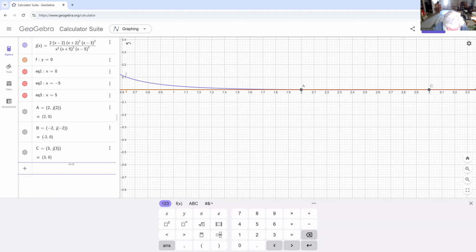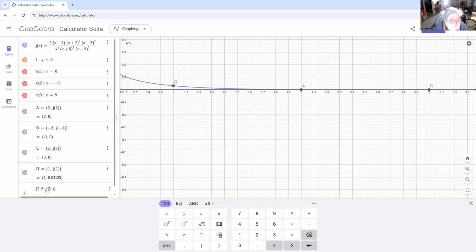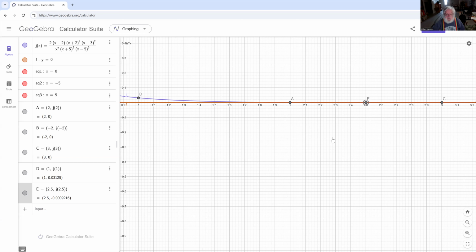And then what's 2.5 comma j of 2.5? Point. What's that? So that's negative. So this is actually negative by a very little bit. So we went from positive on one side to negative on the other, even though the graph looks like it's just 0.